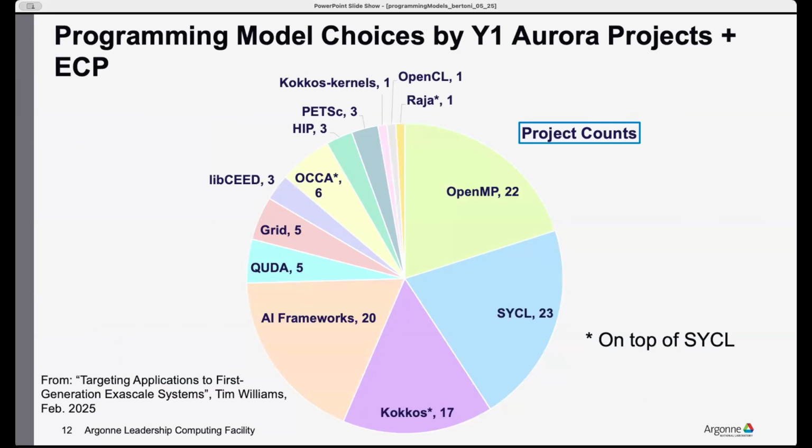Okay, so just to give a sense of what programming models people on Aurora are using, this is a chart of the programming models that the year one Aurora projects and the ECP projects from ECP time used. We see a lot of different models used: OpenMP, SYCL, Kokkos, RAJA, OpenCL. However, the top programming models that aren't AI frameworks are OpenMP, SYCL, Kokkos, and Alpaka.